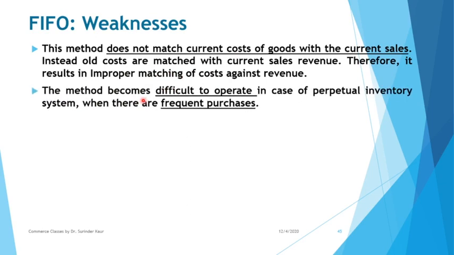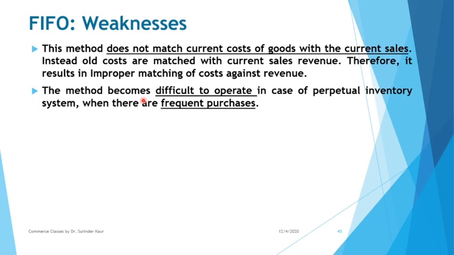Another is, this method becomes difficult to operate in case you have very frequent purchases. Suppose you purchase stocks in small lots and too often, then you will be having so many lots being purchased. So it will become difficult to follow the lots and calculate the prices of the inventories as well as cost of goods sold. So this becomes complex to operate.